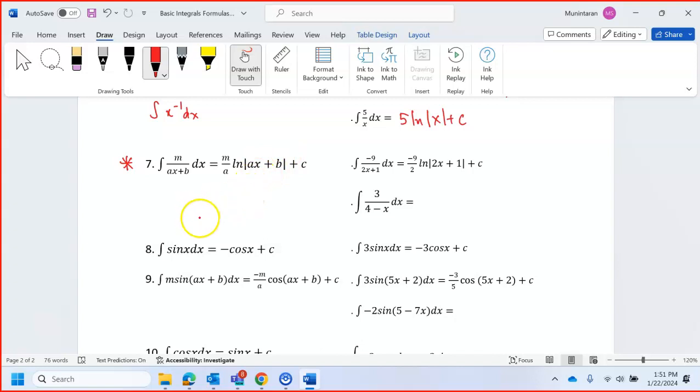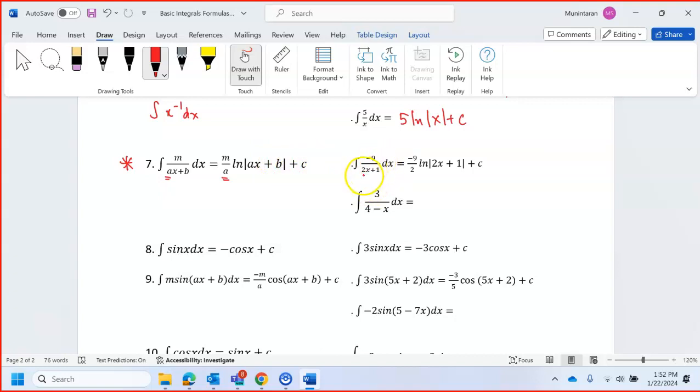If it's quadratic or whatever, it won't be there for you. Syllabus very shallow. So M is the coefficient of the function. A is the coefficient of your x. Must divide. Divide ln modulus the linear factor plus c.